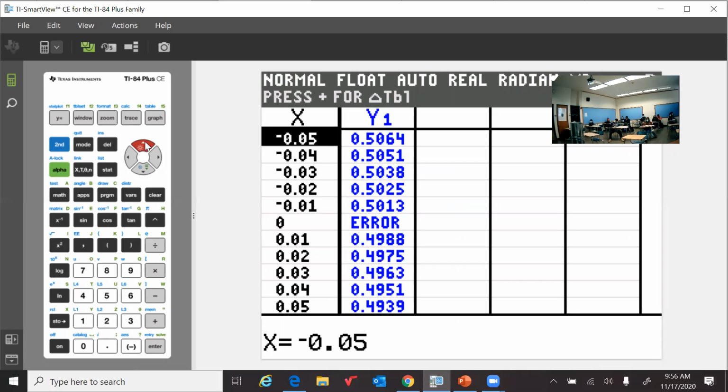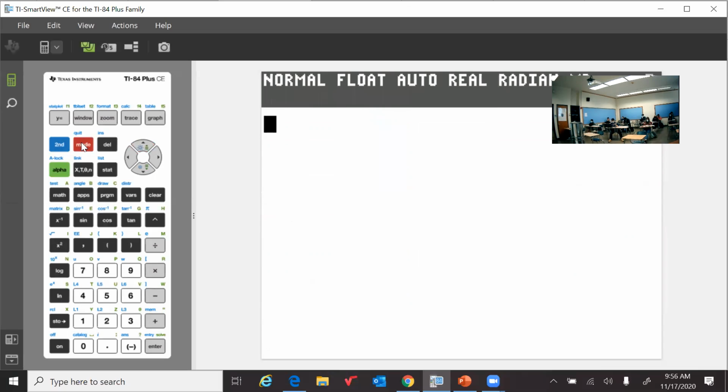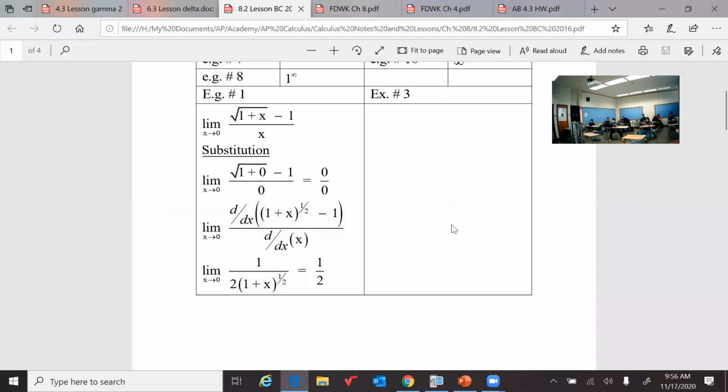Right? And from the right, we're going down toward 5/10. That's your model. You're going to exam or problem number 3, please.